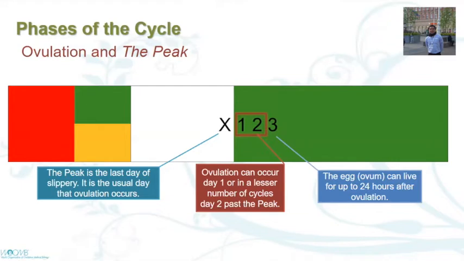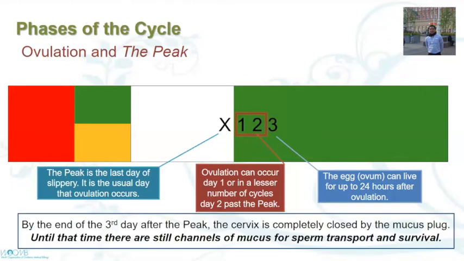So we need to wait for the egg to die and for the cervix to be completely closed. The cervix is completely closed on the 4th day past the peak day. By the end of the 3rd day after the peak, the cervix is completely closed by the mucus plug. Until that time, there are still channels of mucus for sperm transport and survival.